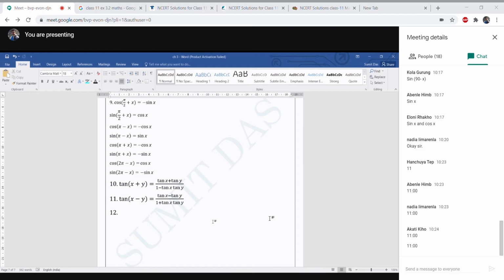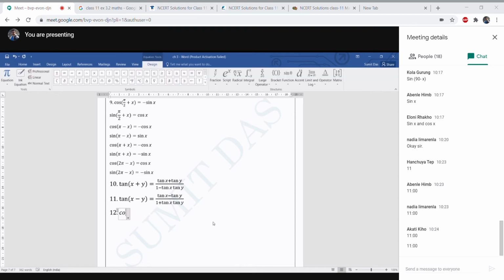Next, similarly we can find out cot. This formula is less used but still given in your book, so I'm just showing you. It is like this: cot x minus cot y, minus 1 divided by cot x plus cot y.